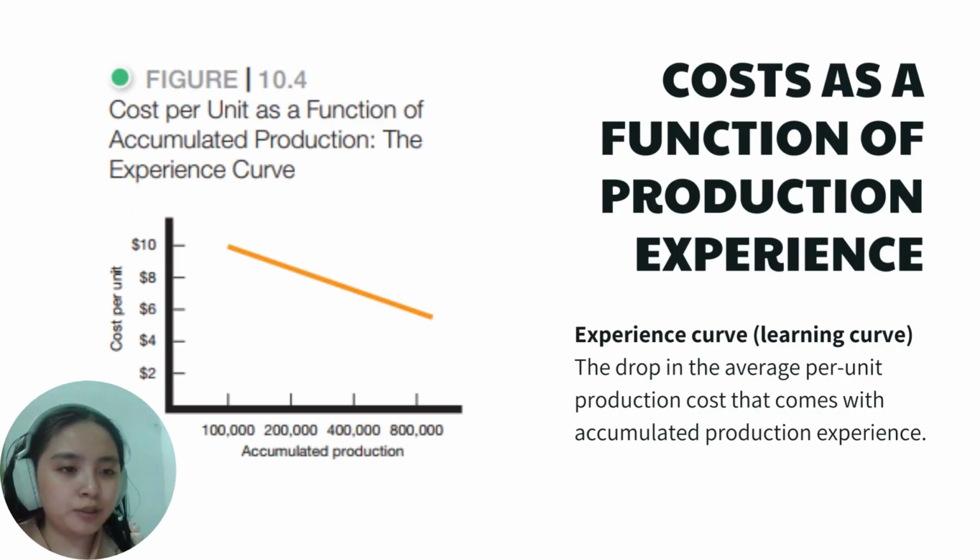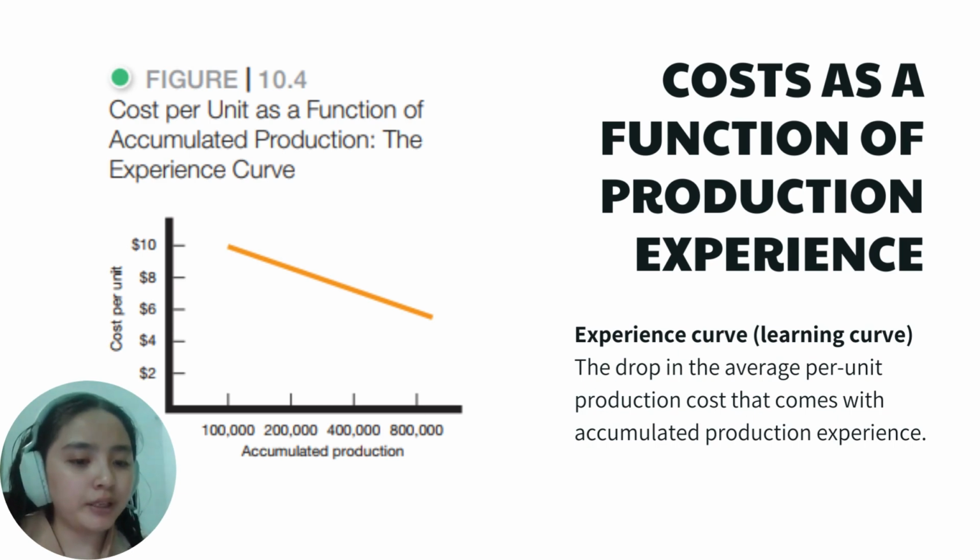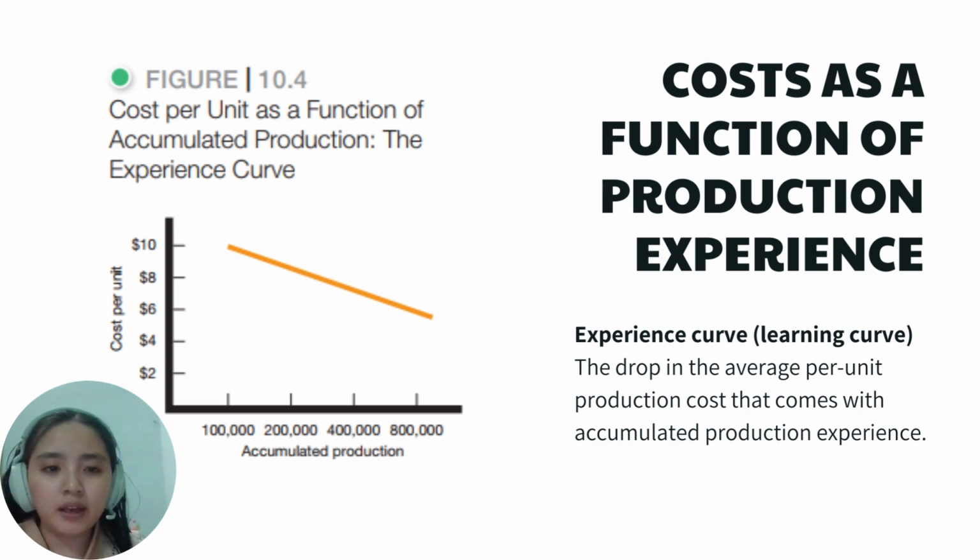Okay, next we'll move to cost as a function of production experience. First, the definition of the experience curve, or we can also say learning curve. It is the graph of the average per unit production cost that comes with accumulated production experience. In Figure 10.4, the average cost of producing the first 100,000 tablets is $10 per tablet.